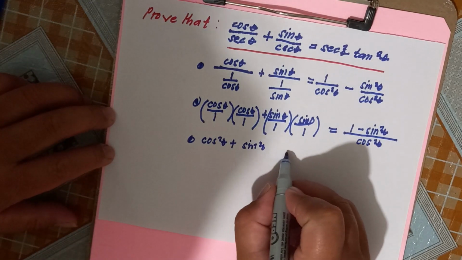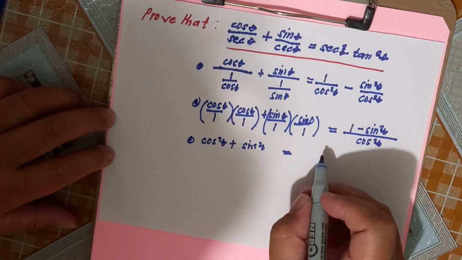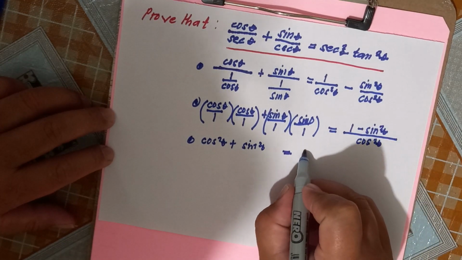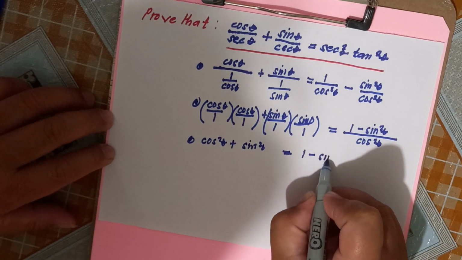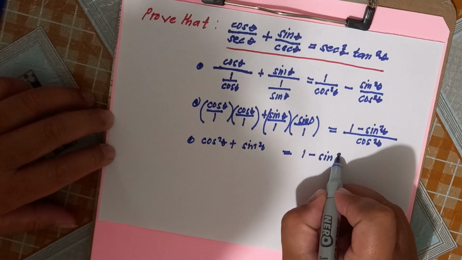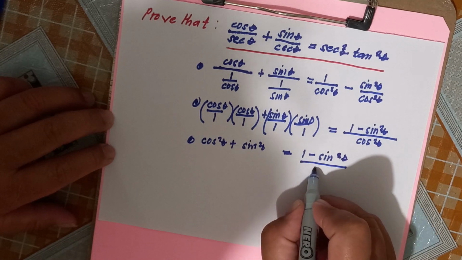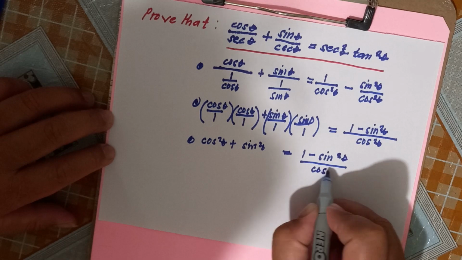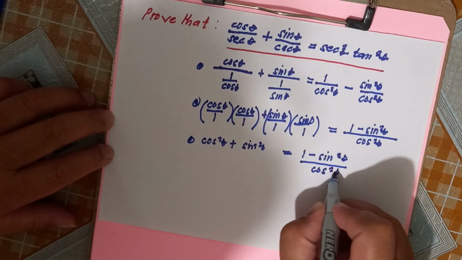And of course, let's continue. This is the same as 1 minus sine squared theta over cosine squared theta.